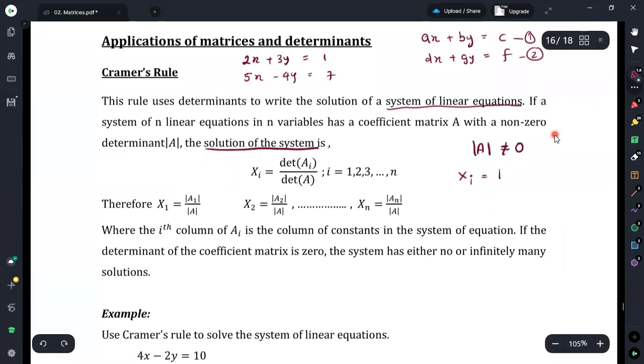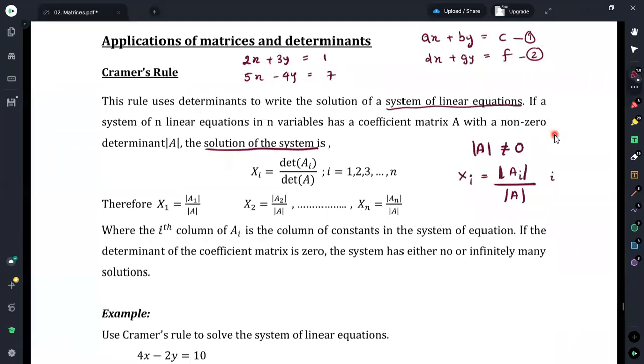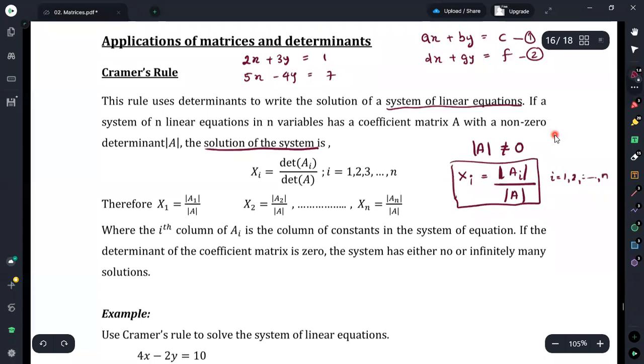Therefore, the solution can be taken as follows: the ith variable's value is the determinant of Ai divided by the determinant of A. Since we have n variables, i goes from 1 to n. This is the concept of Cramer's rule.